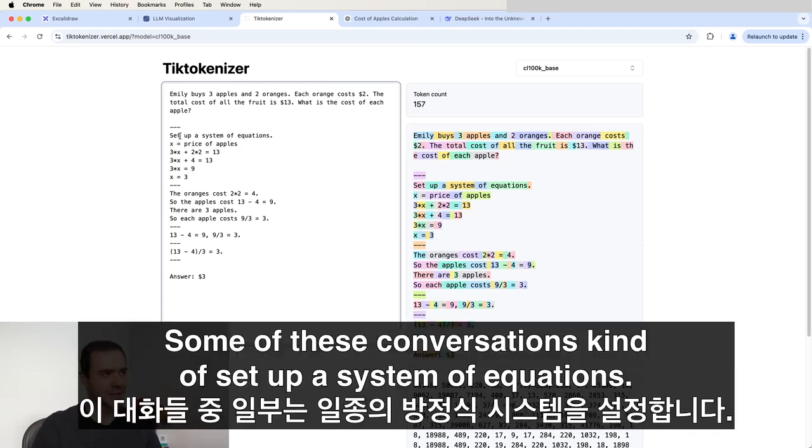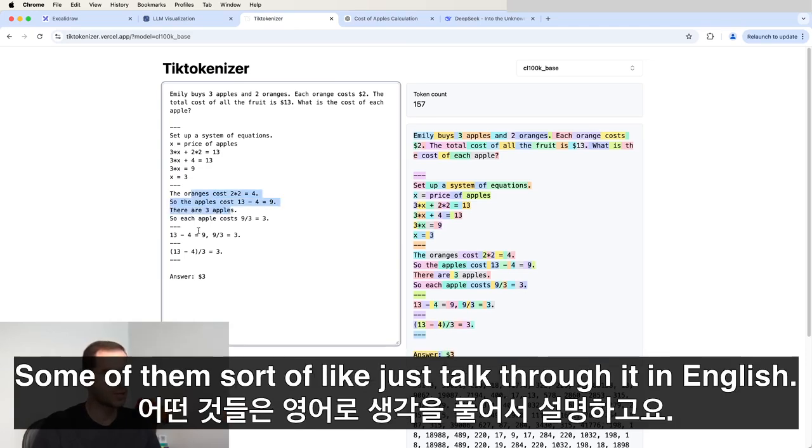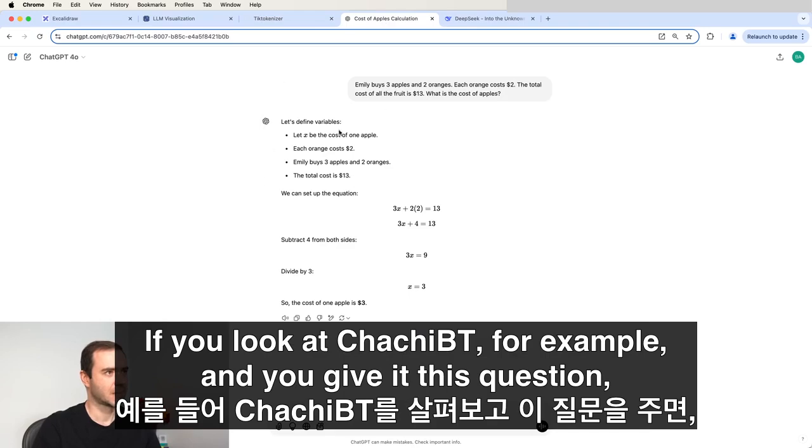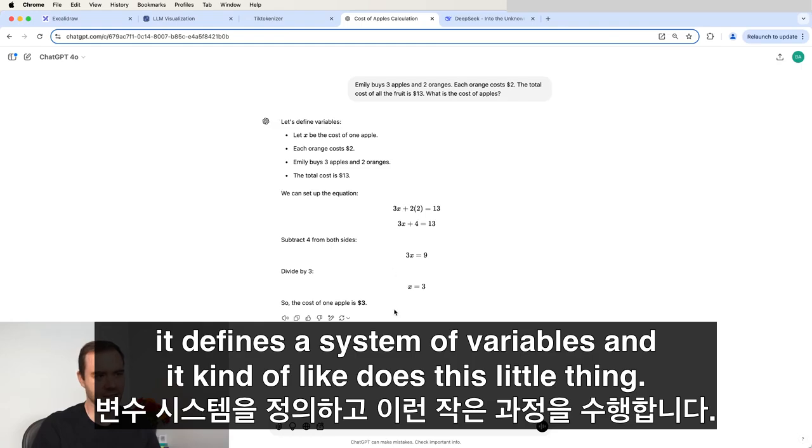Some of these conversations set up a system of equations. Some of them just talk through it in English. And some of them just skip right through to the solution. If you look at ChatGPT, for example, and you give it this question, it defines a system of variables and does this little thing.